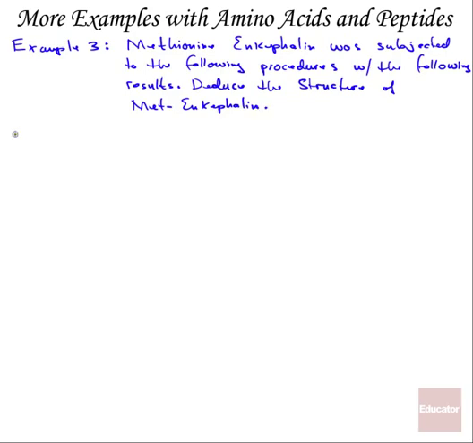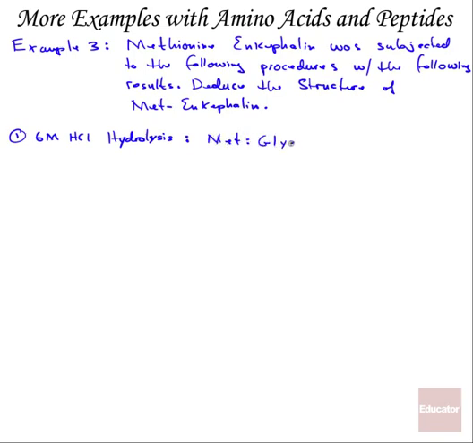Okay, so the first procedure that it was subjected to was 6 molar hydrochloric acid hydrolysis. So we basically just completely broke it, we just released every single free amino acid. Let's see, so 6 molar hydrochloric acid hydrolysis, and we ended up with the following results.